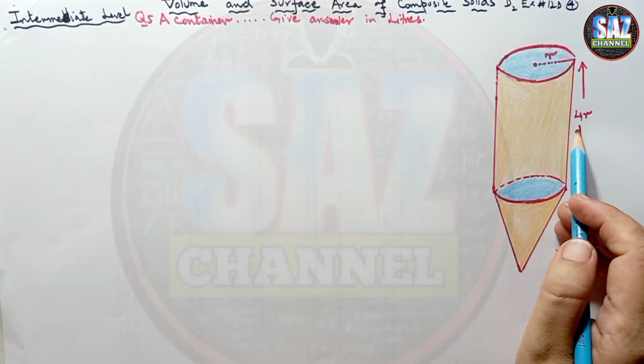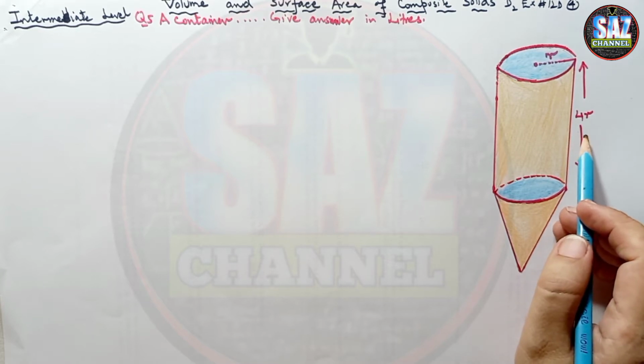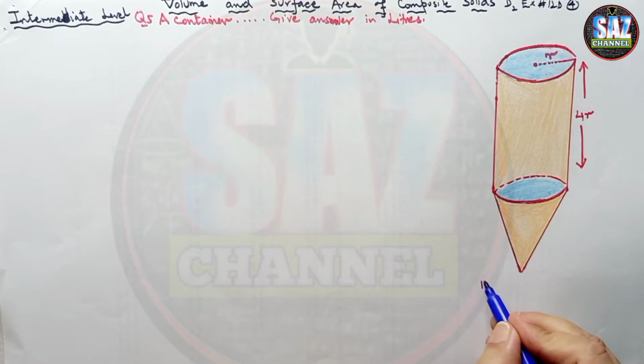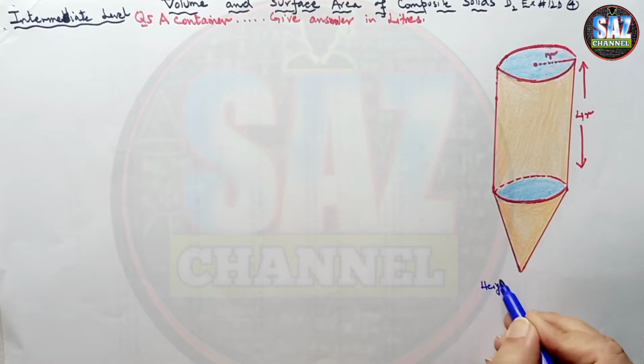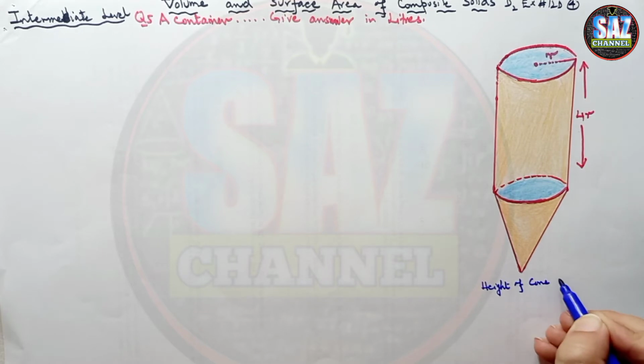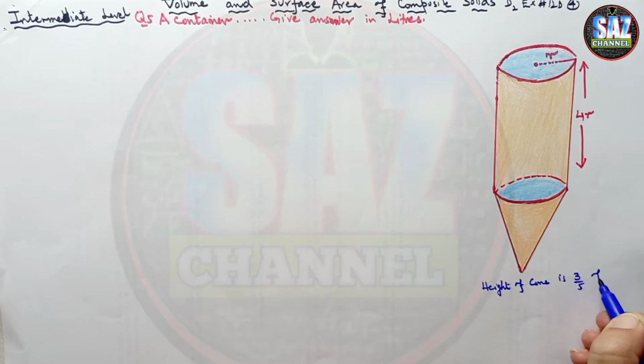Given that the height of cone is 3/5 of the height of cylinder. Okay, this is important information. Height of cone is 3/5 of height of cylinder.